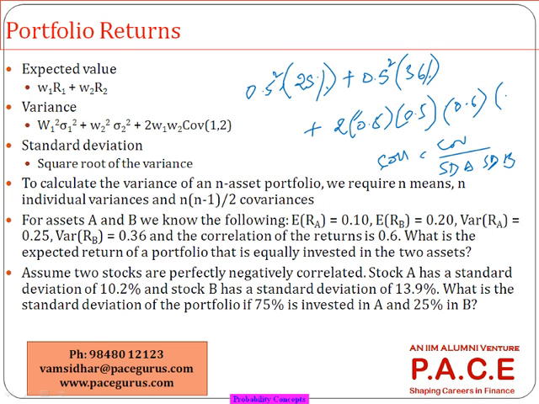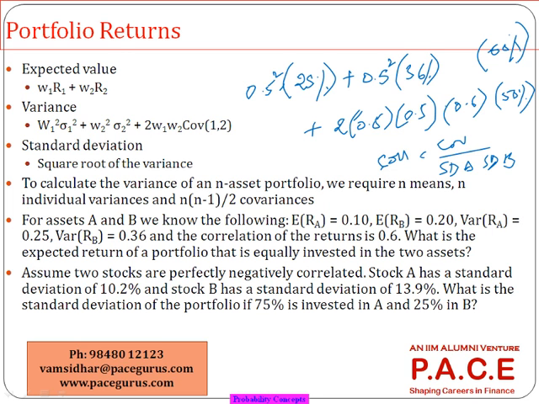Standard deviation of A, I can take as 50%, since the variance is 25%, so the standard deviation is the square root of 25%, which is 50%, into the standard deviation of B, which is 60%. Whatever value you get, we call that the variance of the portfolio. Take the square root of that, and we get the standard deviation of the portfolio.